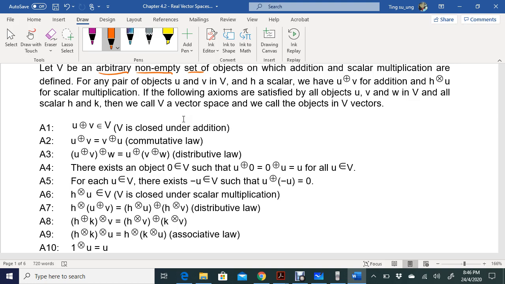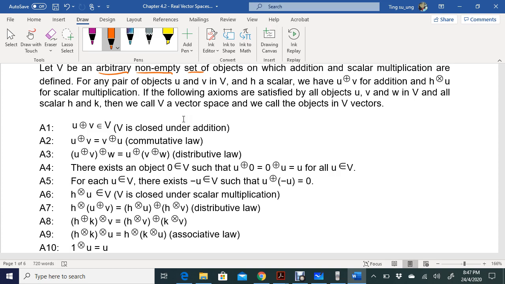Then it can be said that it is not the vector space involved. Are you clear with this? I repeat myself again. To show that it's a vector space, you need to prove from axiom A1 until A10. But to show that it is not a vector space, you only need one axiom to show that it is not satisfied, then your vector space will not fulfill. You get what I mean?